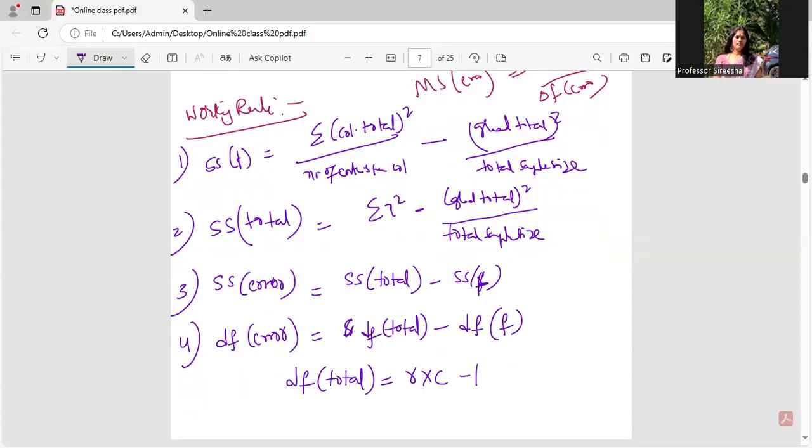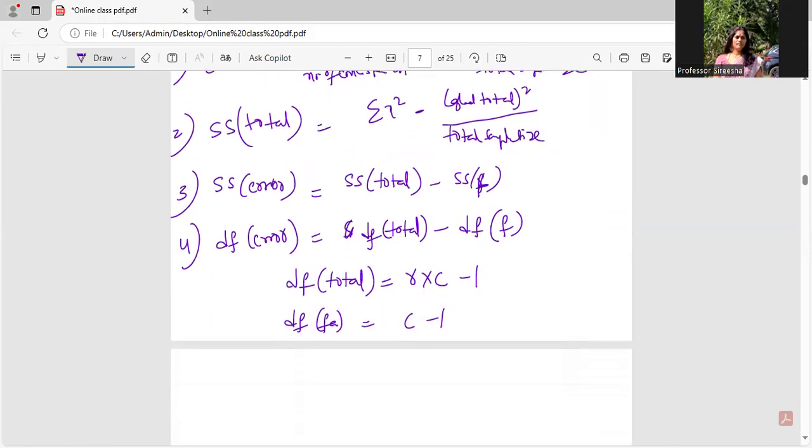Okay, so DF factor, how will I define? DF factor is nothing but columns minus 1 is what I will take. Okay. Almost all the major steps are over. Now I'll be calculating MS factor, which would be SS factor by DF factor.